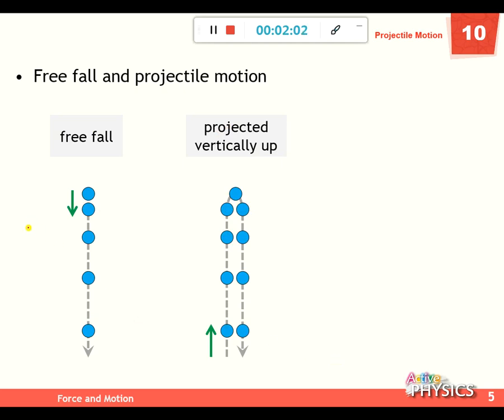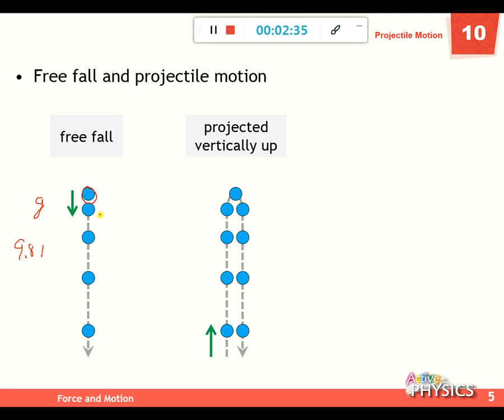And in this chapter, we want to focus on the difference or the similarity of free fall and projectile motion. Look at the first picture, free fall. In the previous chapter, we know that in free fall, when you put an object here and then release it, it will move downward with acceleration g, 9.81.